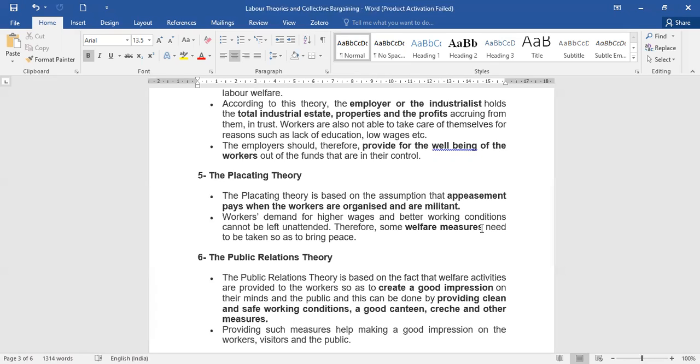It is very important that the demands raised by the employees should be given thought, and definitely according to the budget or the situation, facilities should be provided to them.